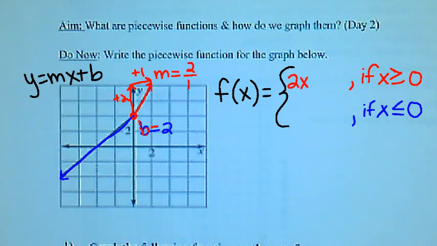So 2x plus 2 is my first line. And for this one, I see that going up 1 and over 1, so m is equal to 1 over 1, which is just 1. So x plus 2. And that's all. That's all you do. Okay? So you figure out what the lines are, and then you write their domain, or vice versa.